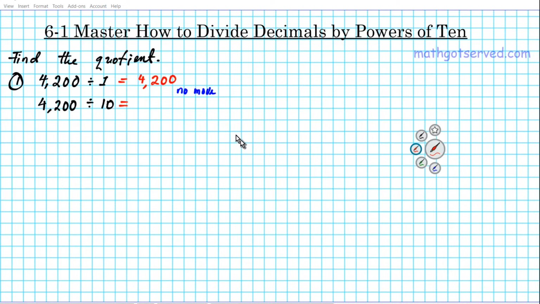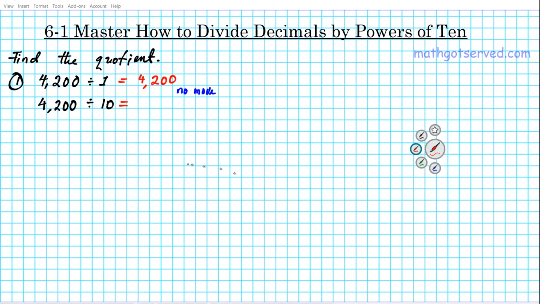When you multiply by powers of 10, as long as the power is positive, the result is bigger. But when you divide by powers of 10, the result is smaller, so the decimal point will be moving to the left. Dividing, decimal points move to the left. Multiplying, the decimal point moves to the right.